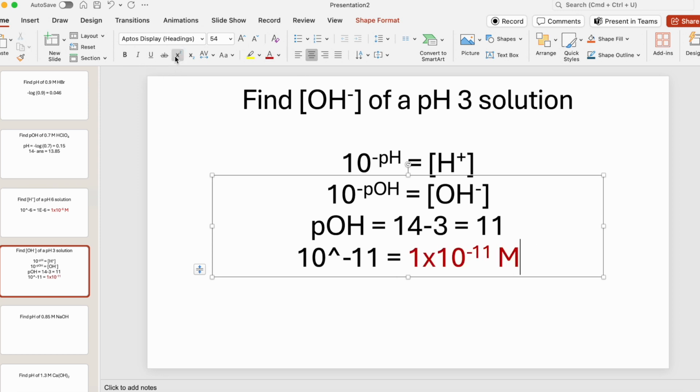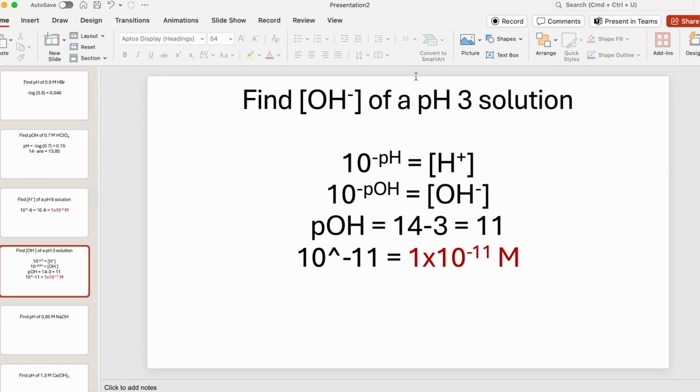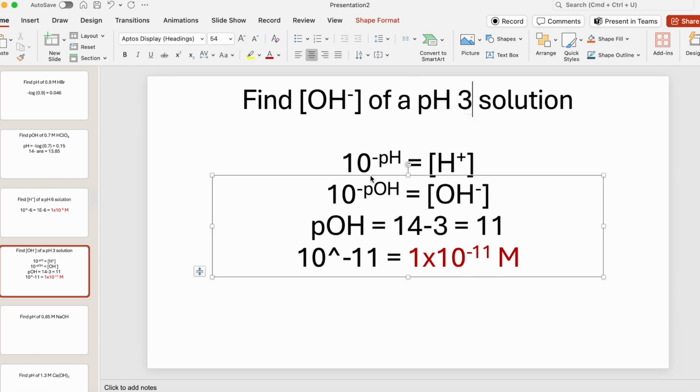This is molars. Now, if you take a look, the pH is really low, so you're going to have a high concentration of H compared to your OH. Your OH concentration is such a tiny number. The H+ concentration is just 1 times 10 to the negative 3rd in order to make that equal to 1 times 10 to the negative 14th, which is that equation that you see.